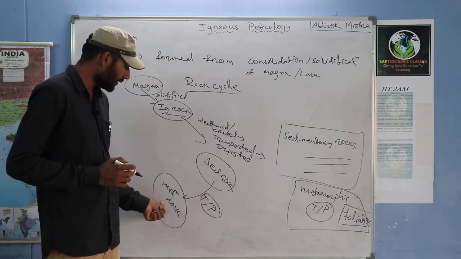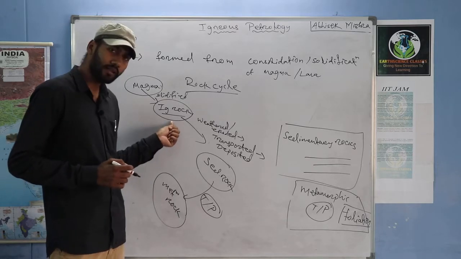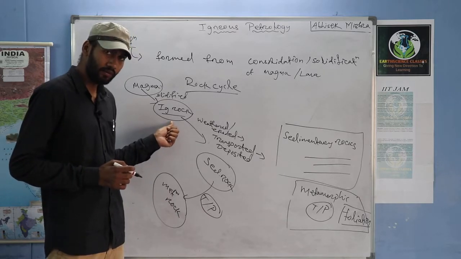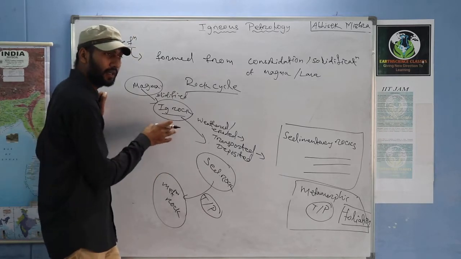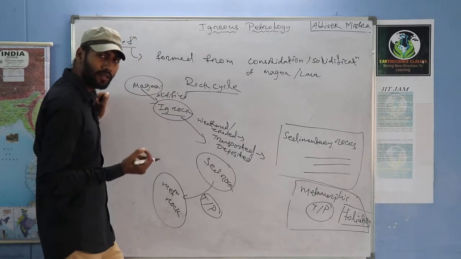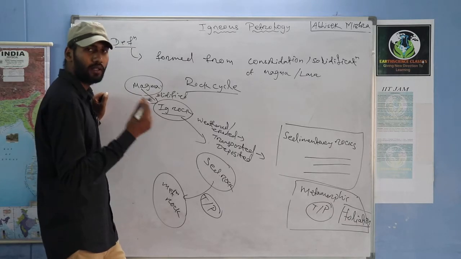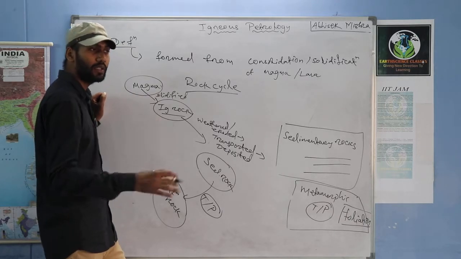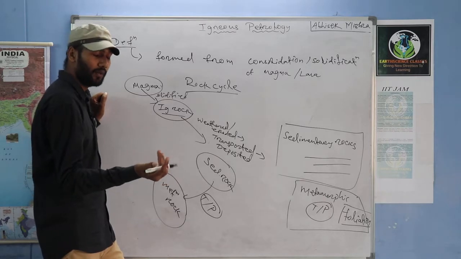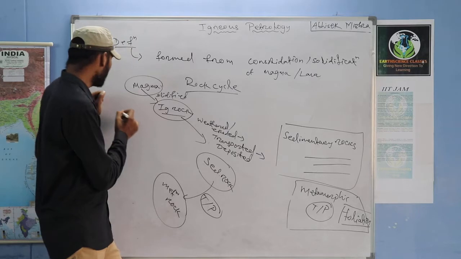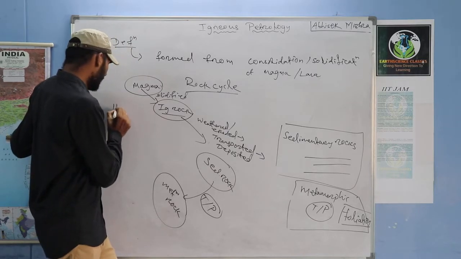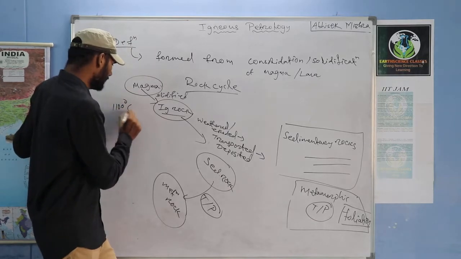Can these metamorphic rocks form directly from igneous rock? The answer is yes. Why? Igneous rock forms at a certain temperature and pressure condition that may be lower or higher. Say this igneous rock is formed at 1100 degrees centigrade.